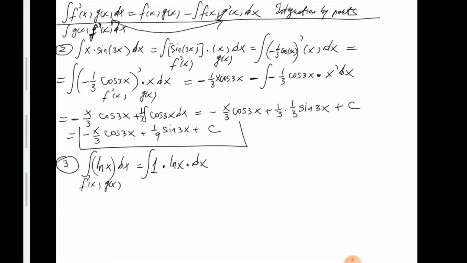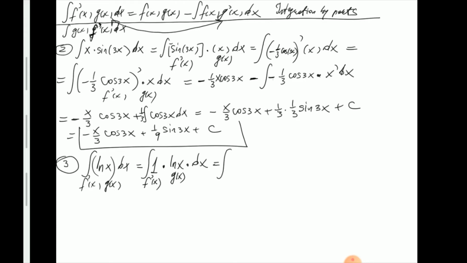So if you want to use integration by parts and you're looking at ln of x as playing the role of g of x, there's nothing wrong to call 1 that constant that can be multiplied with any function. Nothing wrong with viewing that as the derivative of a function. In fact, not only is nothing wrong, it's actually easier than before.